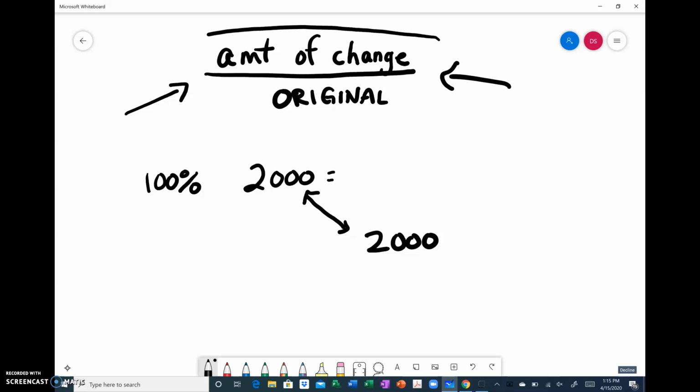No. Okay, so you're increasing the original amount by 100%. So that means in addition to the 2,000 they made the first week, they also made 100% in addition to that. So you're going to add, what is 100% of 2,000? 2,000. So the second week, they actually made $4,000.